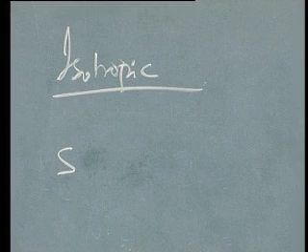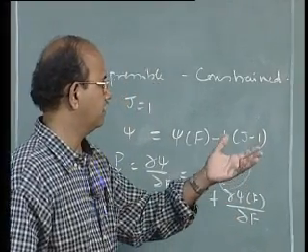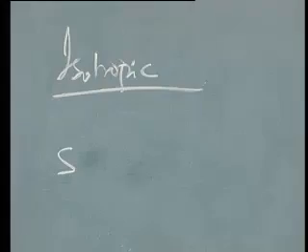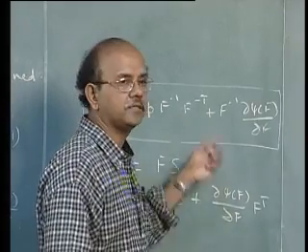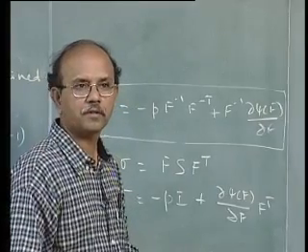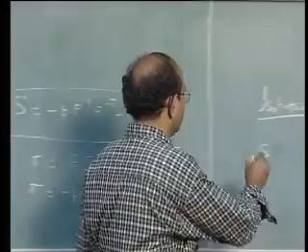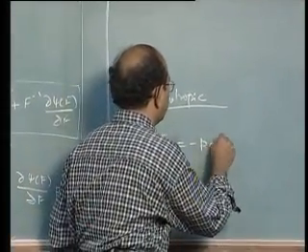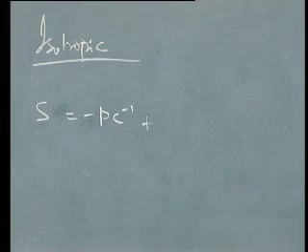So you can write that down to be minus P. What is F inverse? J is equal to 1. That's all. So F inverse transpose can be written as C inverse. That's equal to minus P C inverse plus all the terms that go with it.